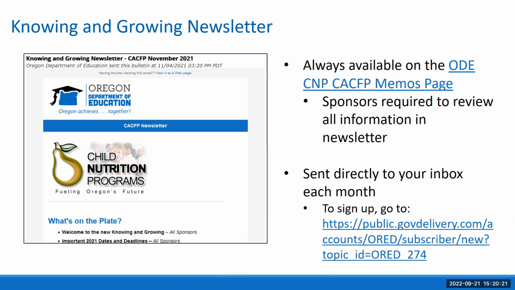This is sent out each month to all the responsible principals listed in your CMP web sponsor info sheet, and information in this newsletter must be reviewed by the responsible principals. Memo updates and program updates are required information for sponsors to know while additional grant information and resources are helpful for review. If you're not on the list and you want to receive the newsletter, you can sign up using the link on the slide, and we'll also share that link in the chat.